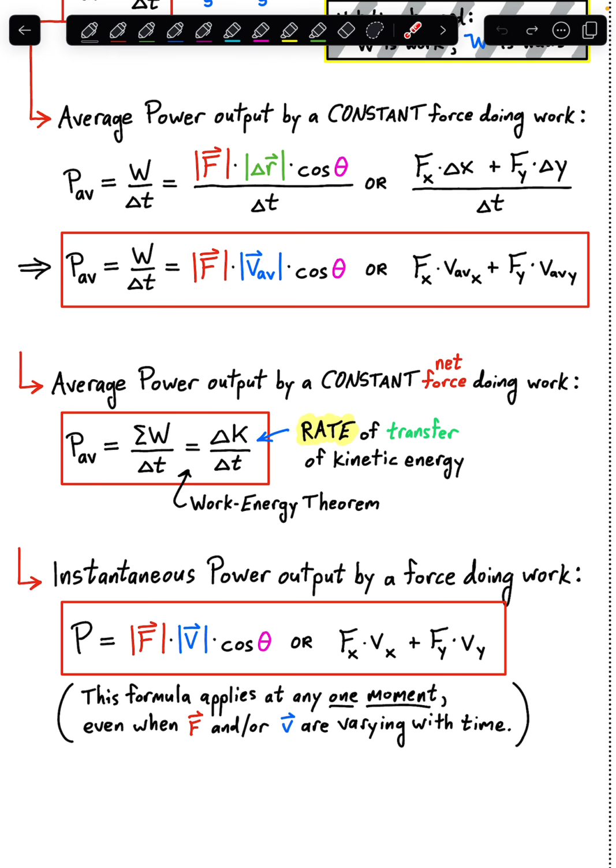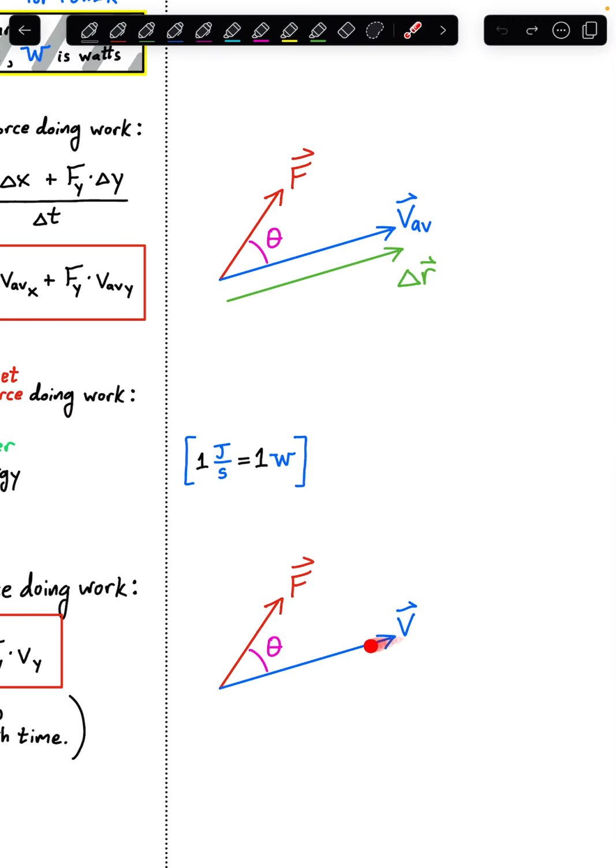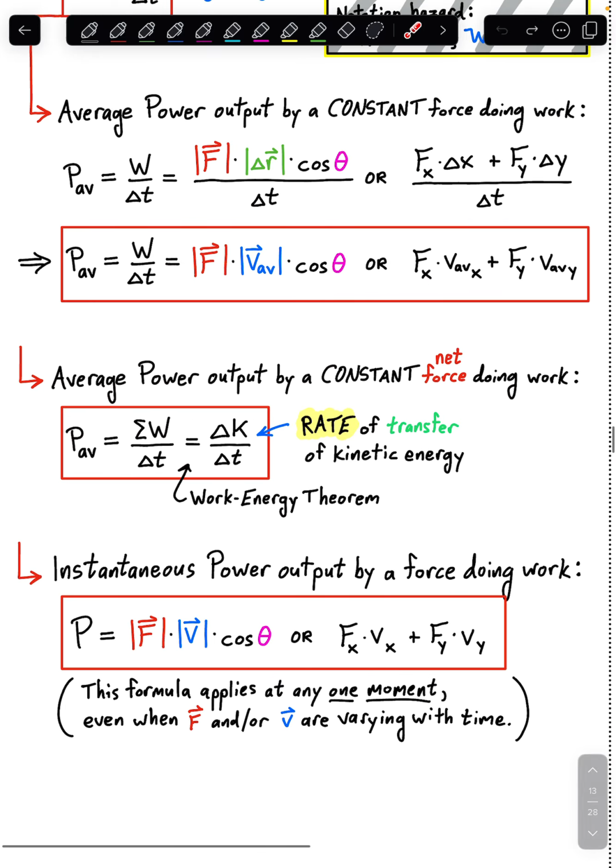One more formula here. The two previous formulas are for average power over some time interval. If instead we want the instantaneous power output by a force doing work at one particular moment, we can get that with a very similar formula. At one instant, the rate at which that force is adding or removing energy is given by the magnitude of the force at that instant times the speed at that instant times the cosine of the angle between the force and velocity vectors at that instant.